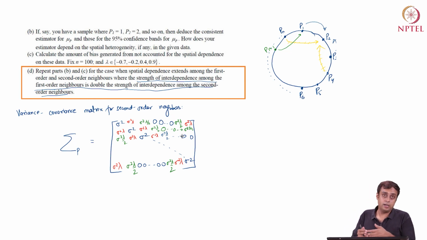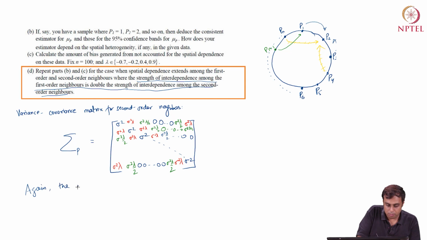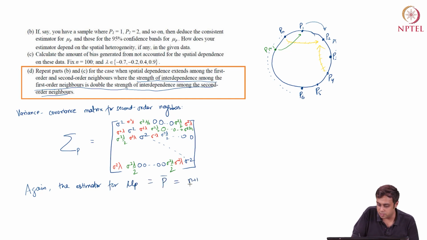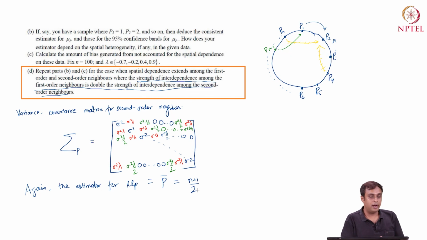Again, the estimator for mu p is simply p bar, which is n plus 1 over 2, right? But the variance of p bar will be different.